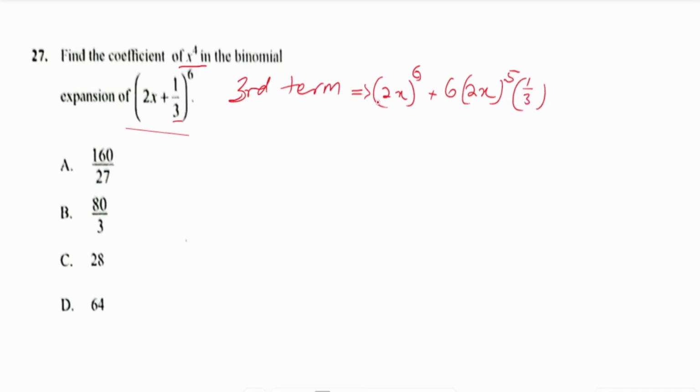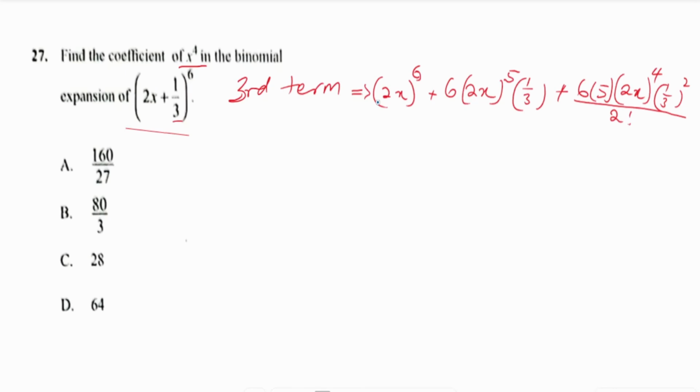Then the third term is going to be 6, the highest exponent, times 5, which is 6 minus 1, multiplying 2x exponent 5 minus 1, which is 4. And then this one will increase to 2, so 1 over 3 squared, all of this over 2 factorial, which is the same as 2 times 1.